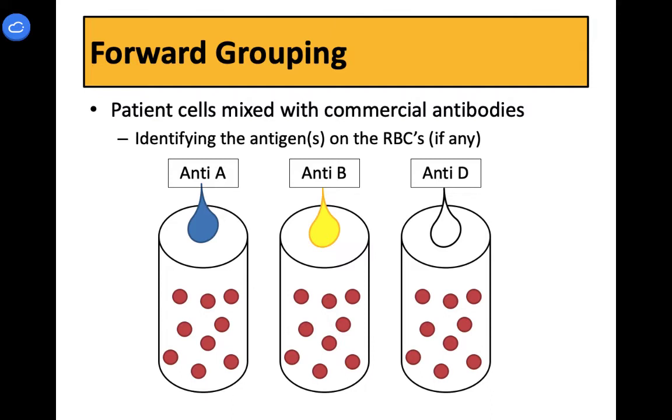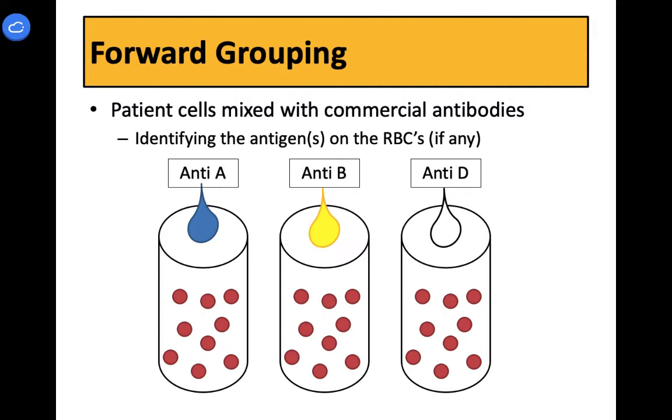What we're doing here is we are trying to figure out what proteins are on these red cells. And the only way we can do that is by mixing them with known antibodies. So anti-A is a protein that attacks A red cells. Anti-B is a protein that attacks B red cells. And anti-D is a protein that attacks cells that have the D antigen on them.